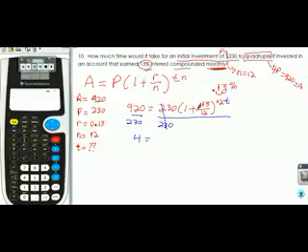I need to key punch and simplify this here inside the parentheses. So when I key punch that and simplify that inside the parentheses, we'll go ahead and do that in our calculator. So I have 1 plus 0.13 divided by 12.